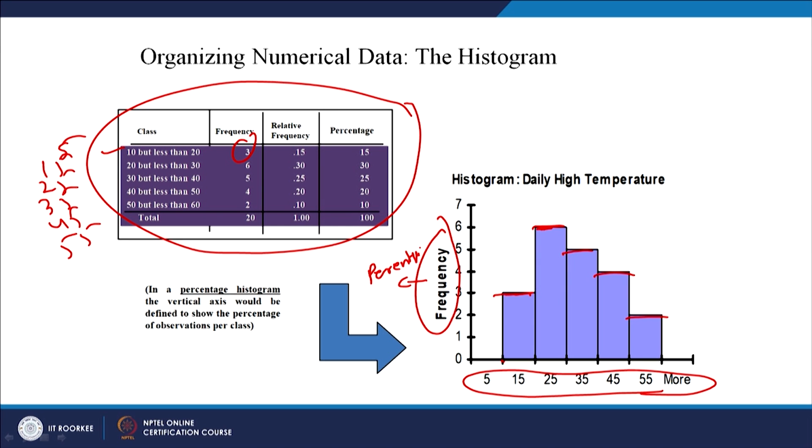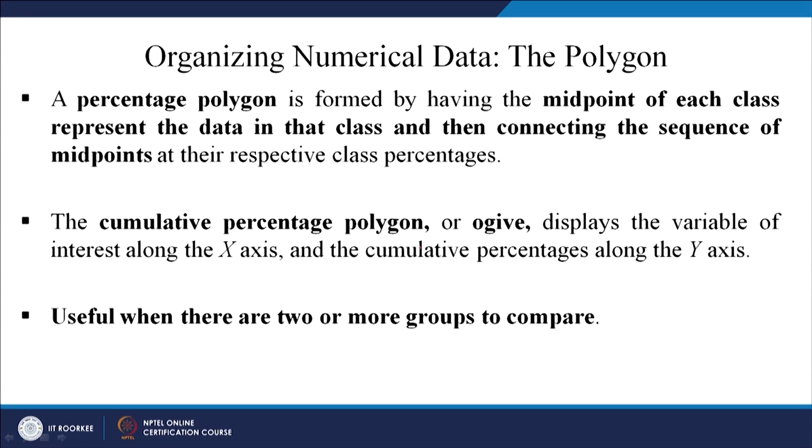So, this is histogram. Let us look at polygon, the last method for today's session. A percentage polygon is formed by having the midpoints of each class represent the data in that class and then connecting the sequence of midpoints at their respective class percentages.